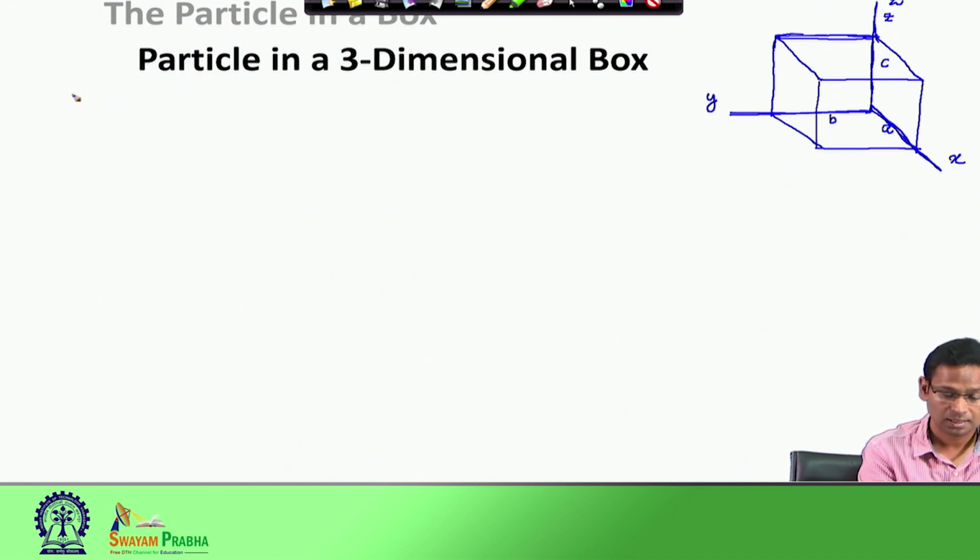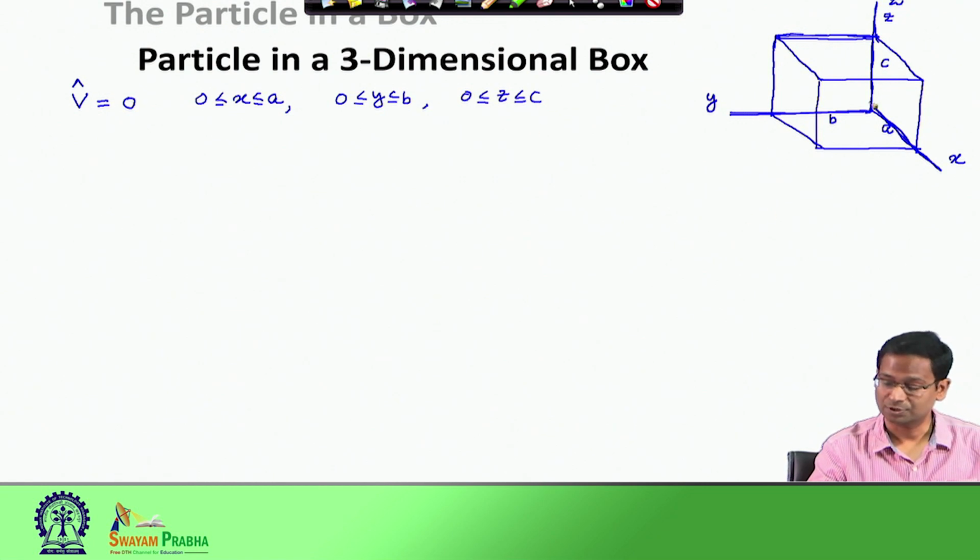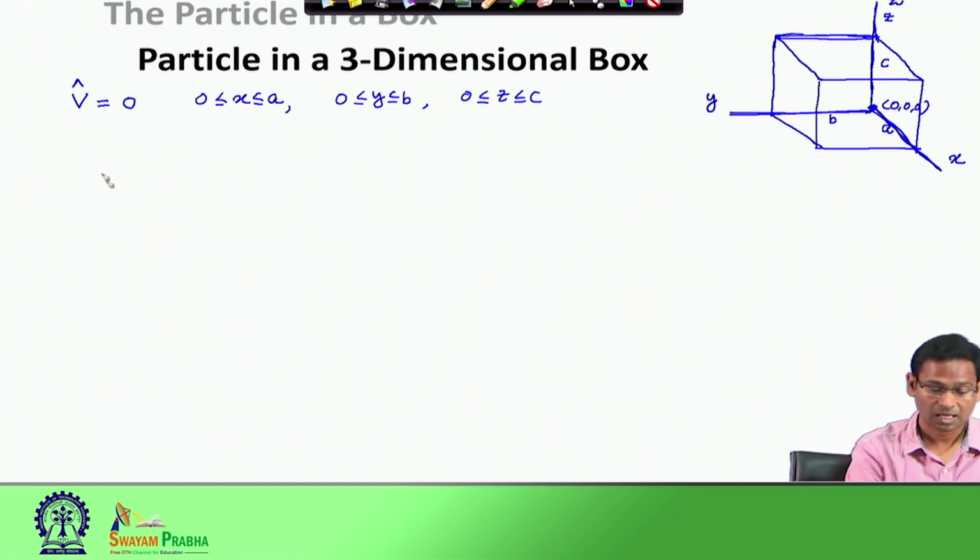So, here we would say that the potential energy is 0 for x between 0 and a, y between 0 and b, and z between 0 and c. So, this is the origin 0, 0, 0. This is the potential energy within the box, and outside the box the potential energy is infinite, elsewhere.